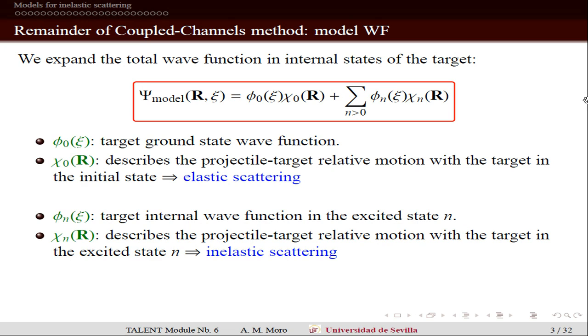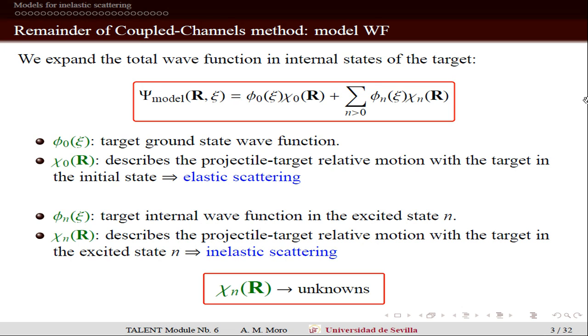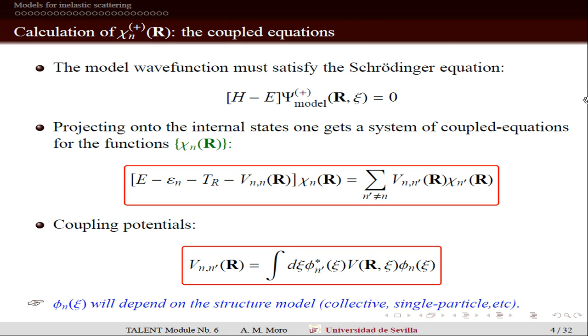Okay? And these chi functions here, depending on the relative vector R, are our unknowns. In order to get these functions, we have to solve the Schrödinger equation by putting this model wave function in this equation, and putting explicitly this expansion in internal states and multiplying on the left by the internal functions, we get a system of coupled differential equations.